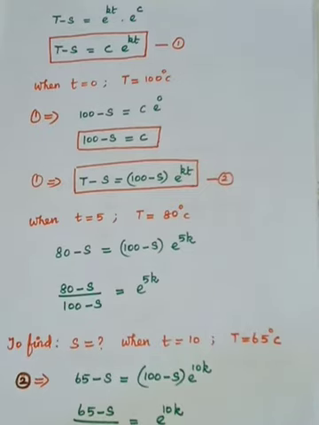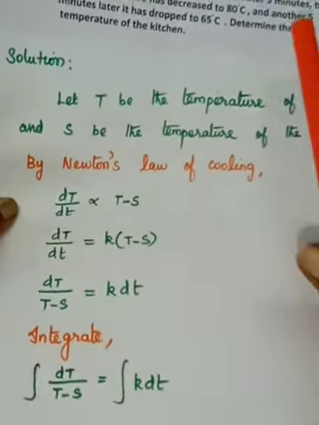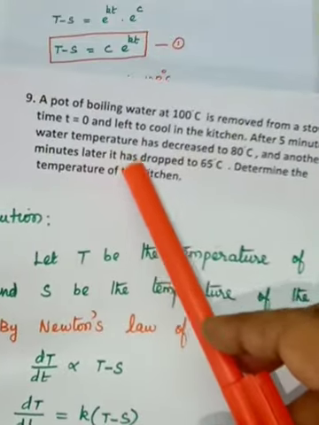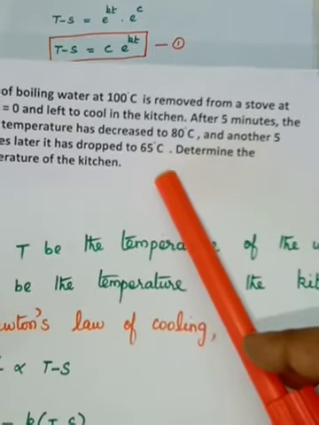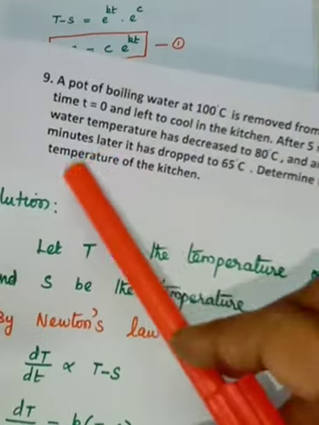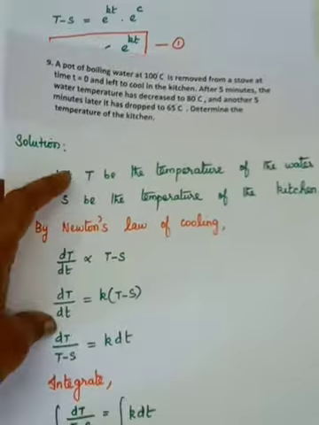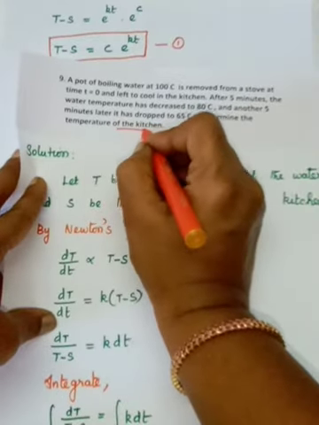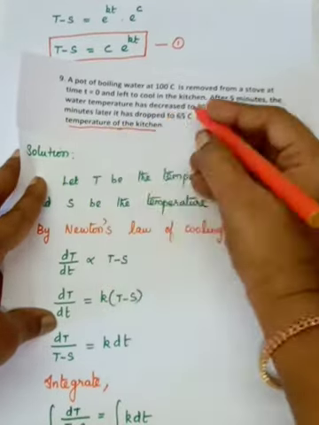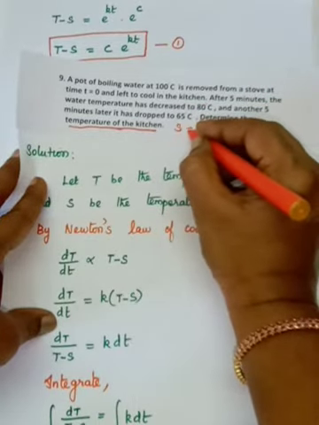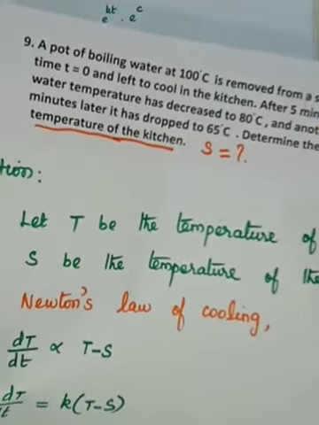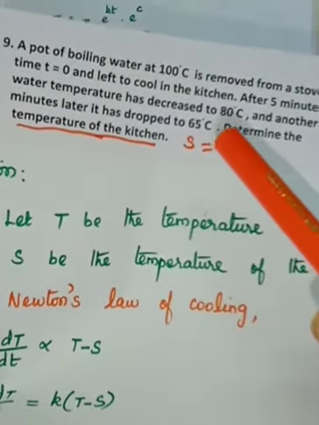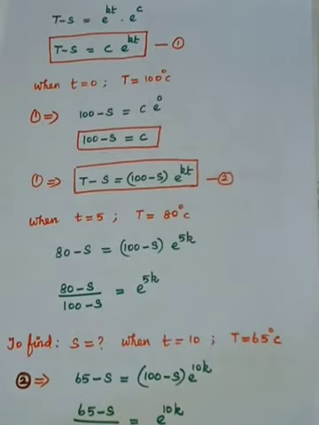Then what is asked finally? And another 5 minutes later it has dropped to 65 degrees Celsius. Determine the temperature of the kitchen. Here the kitchen is the surrounding medium. So the surrounding medium is S. So we have to find S. Before that, you just apply this. Another 5 minutes later, it has dropped to 65 degrees Celsius. Already 5 minutes is over.